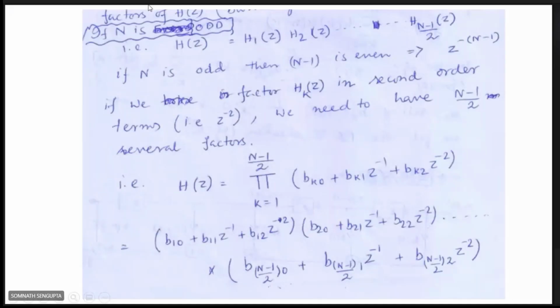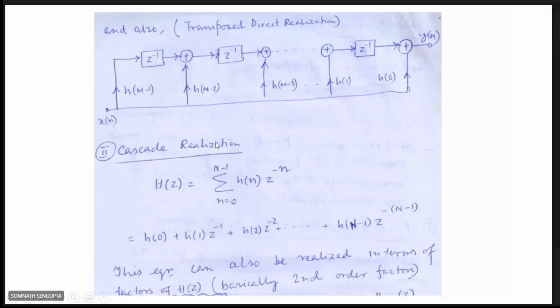Say N is odd. But before that, you see how we represent H(z) in terms of the Z transform. H(z) is the transfer function, or impulse response in the Z domain.